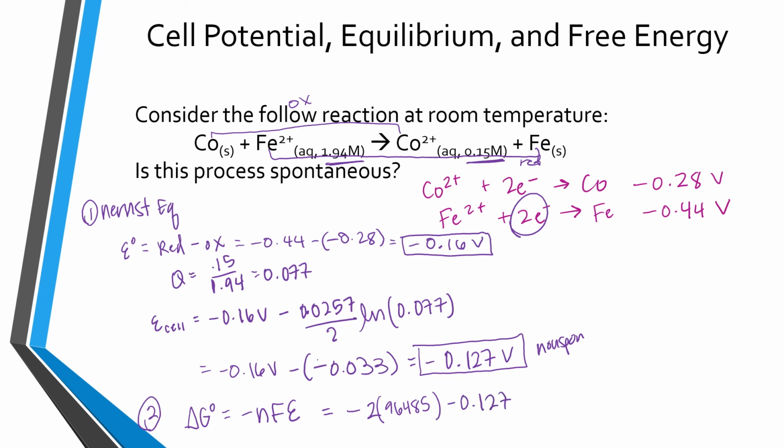And we see here that double negative is why I'm going to have a positive delta G value. And I get positive 24,507 joules. So this is non-spontaneous for both reasons.